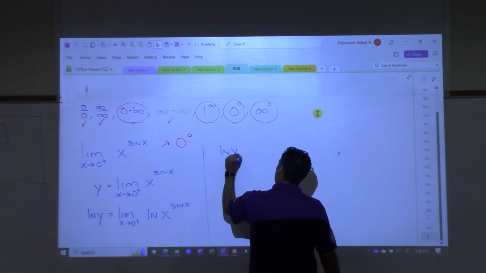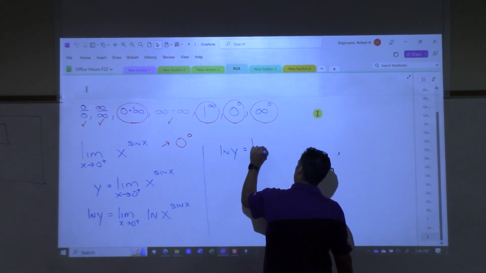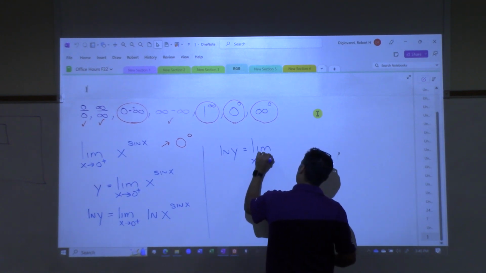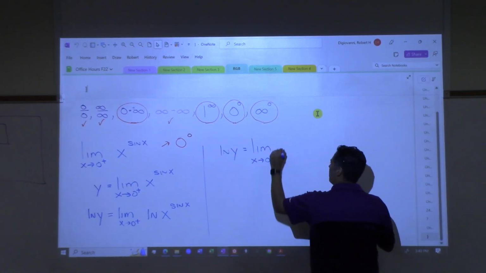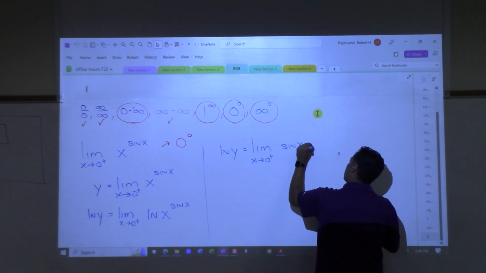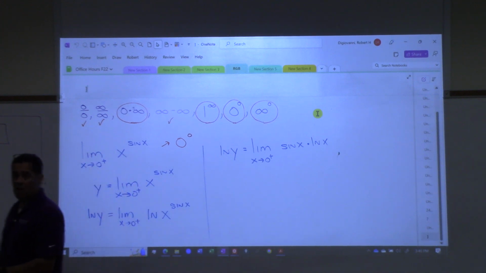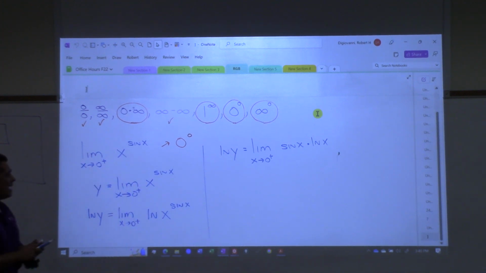Natural log y equals, and this is the big, big step. This is the reason why we brought the natural log in, because of this next step. I am now going to bring the sine x out in front of the natural log. Now that is a property of logarithms from college algebra, and we talked about it last class.